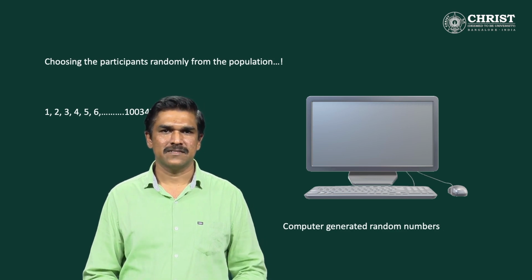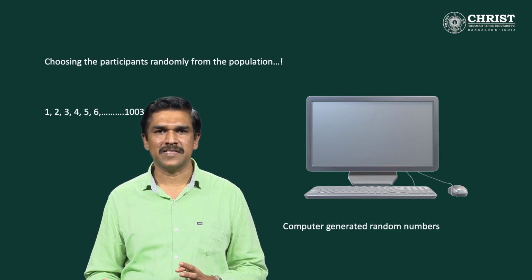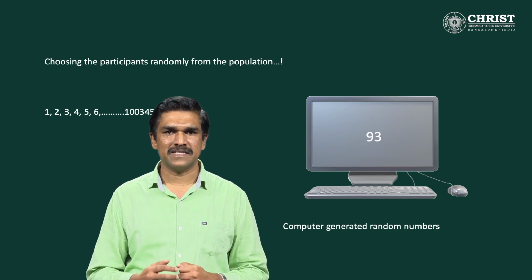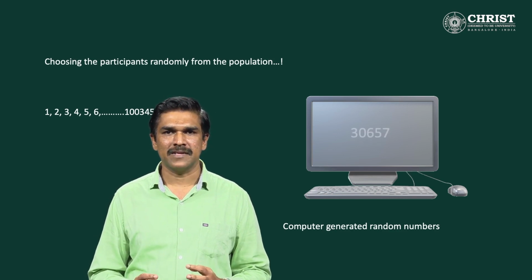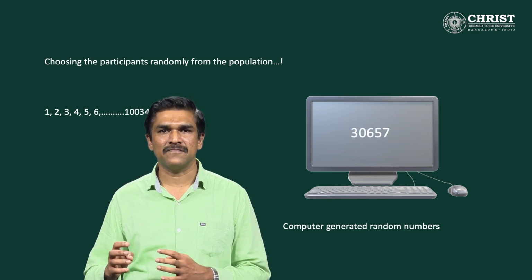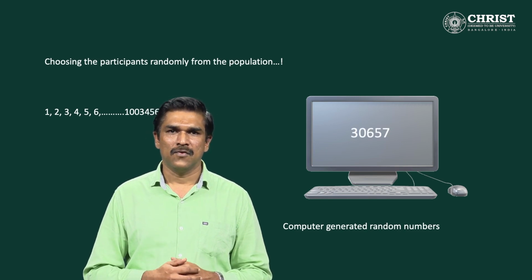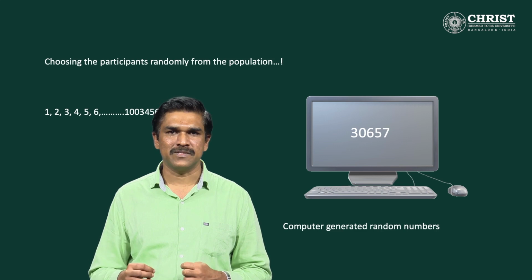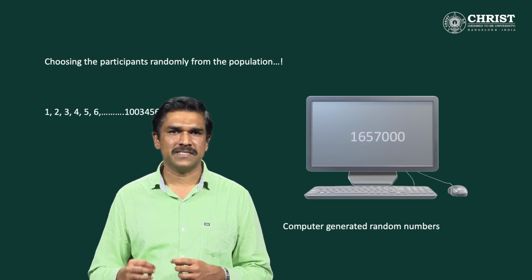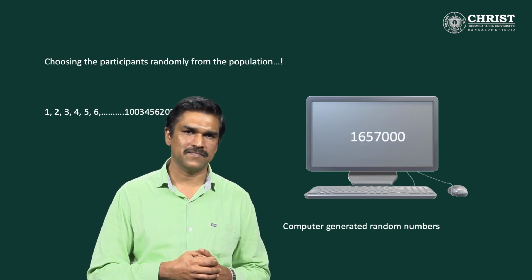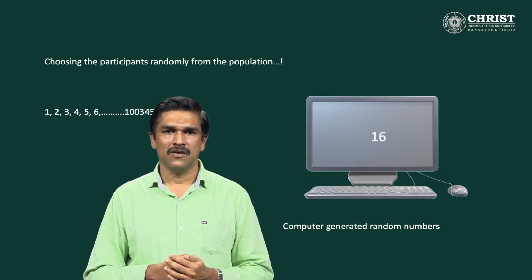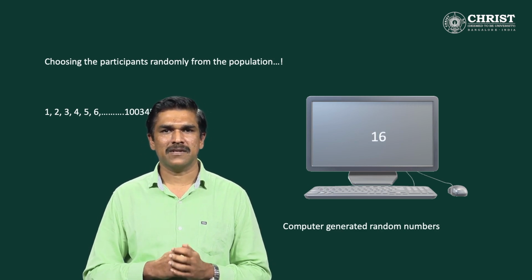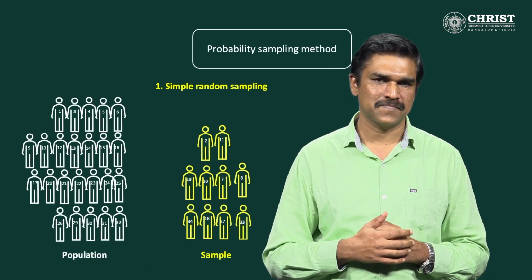For instance, the first member ID 93, the second member ID 2006, next member ID 30,657. Fourth member is the individual with ID 165,7000. Fifth is 16, and so on. We will do simple random sampling using any of these methods.